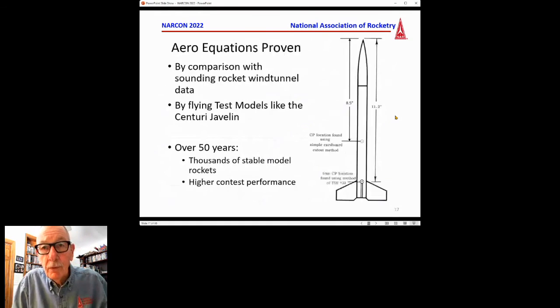We've proven them through sounding rocket wind tunnel analysis, and I flew a number of models before I ever showed anybody the equations and showed that they flew well. And since then, it's been over 50 years and thousands of stable model rockets. I've shown that these things are accurate and will do the job for you.